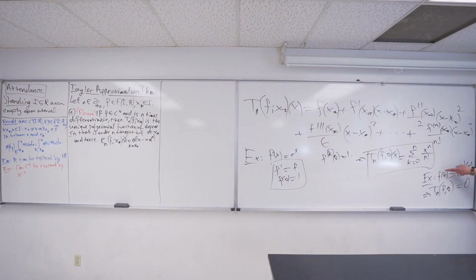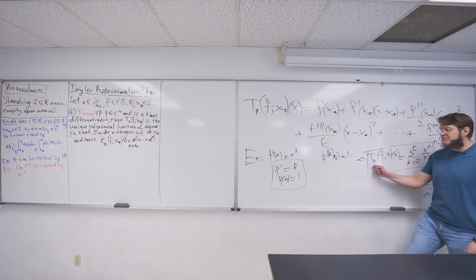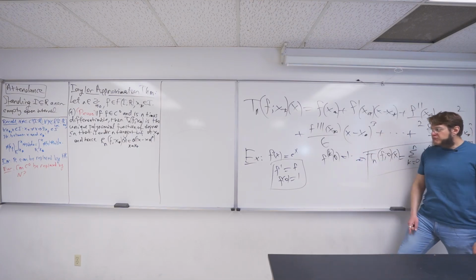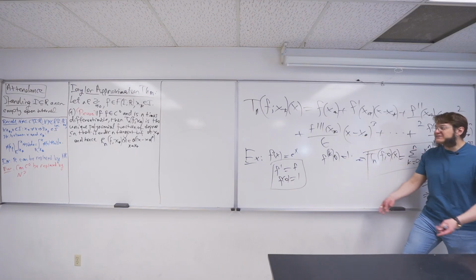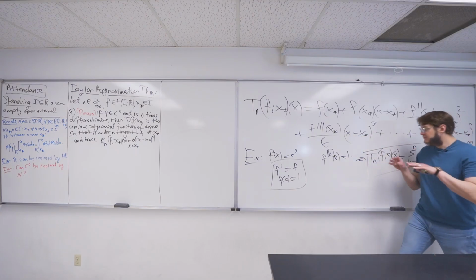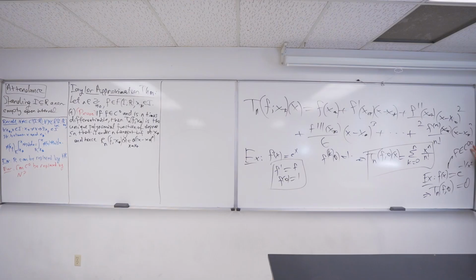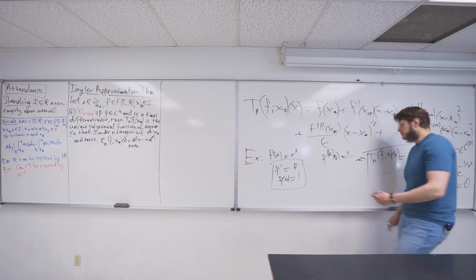You see, this is not going to be an analytic function. This is just going to be C infinity, infinitely differentiable. But whether or not the Taylor polynomials converge to the original function is going to be a more specialized concept. And we're going to denote that by C to the omega, real analytic.